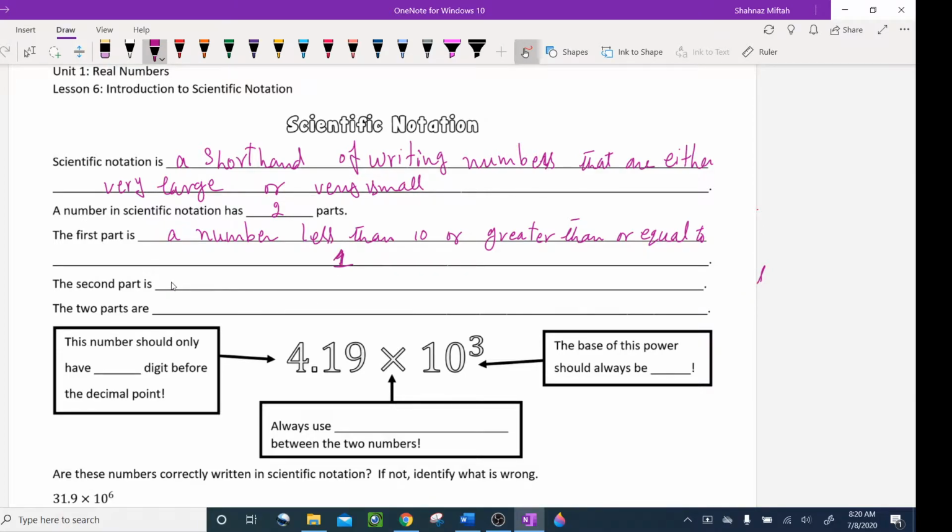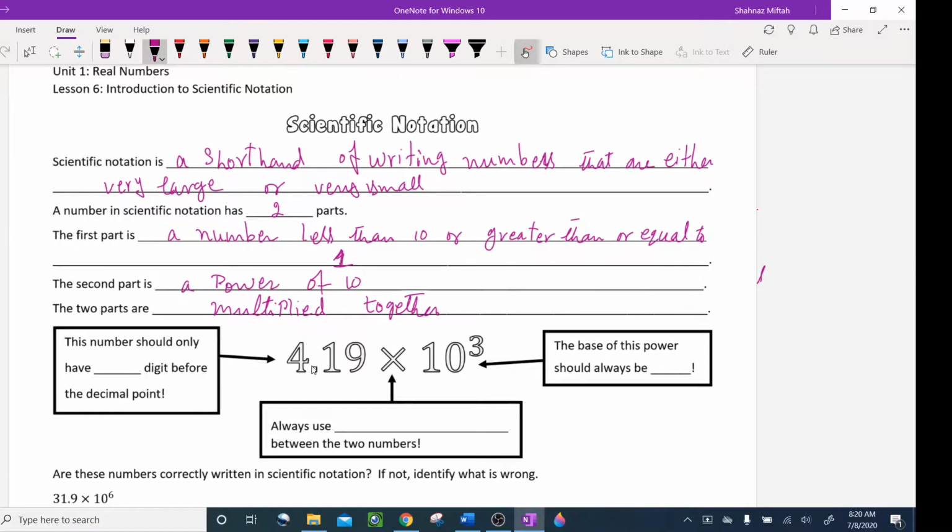The second part is a power of 10. The two parts are multiplied together. So these are the three pieces of information that are important for scientific notation.